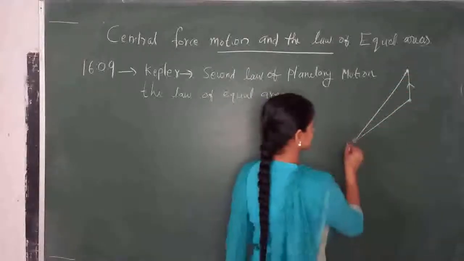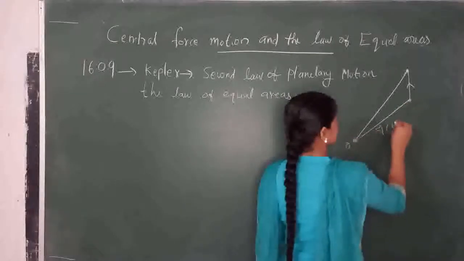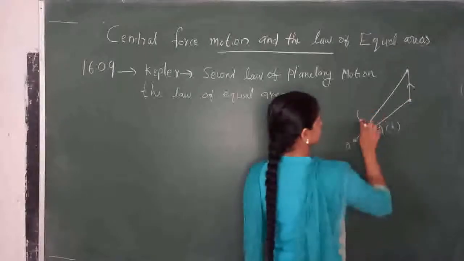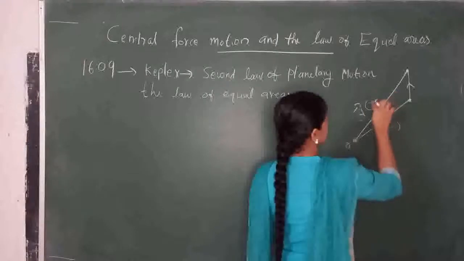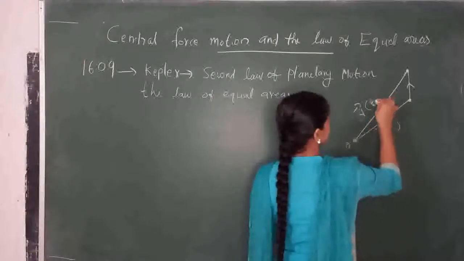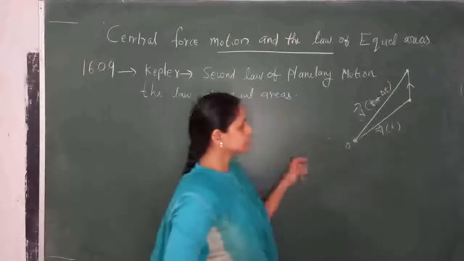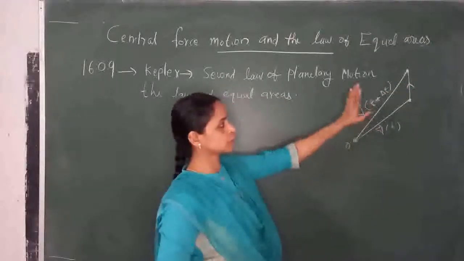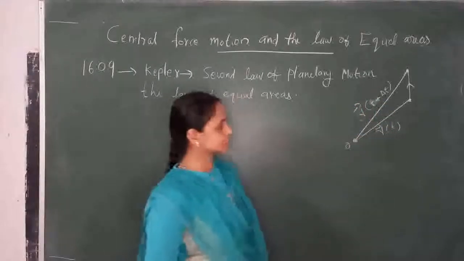This is the origin O and this radius vector is r. This is the position of r at a given time, and the position of r at t plus delta t is this one. This is the position vector of the object at time t plus delta t.